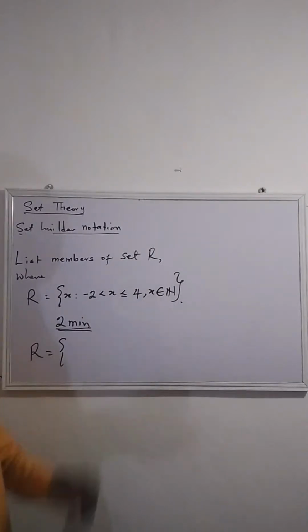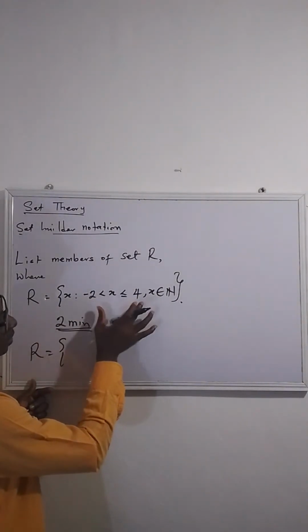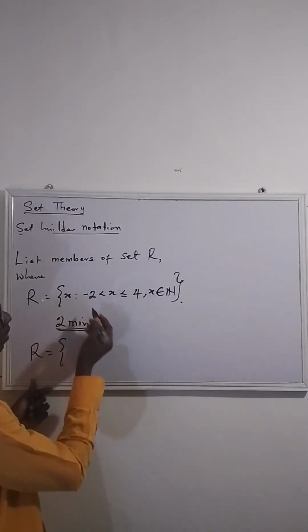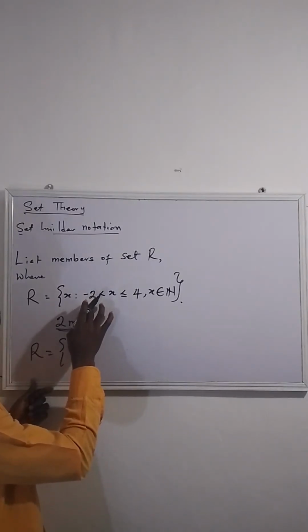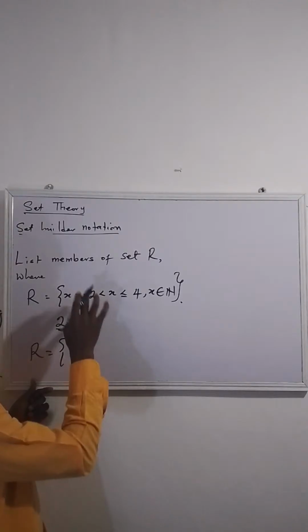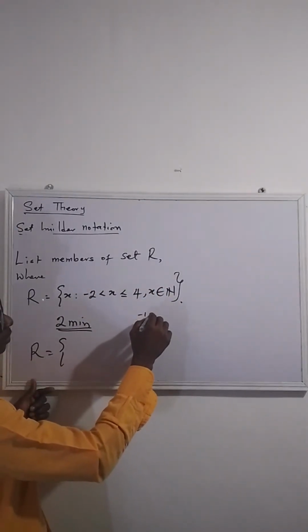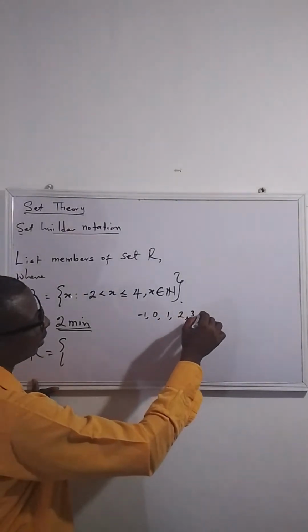Let me get the numbers that lie within this range. I want to list all numbers that are greater than -2, so we have -1, 0, 1, 2, 3, and 4.